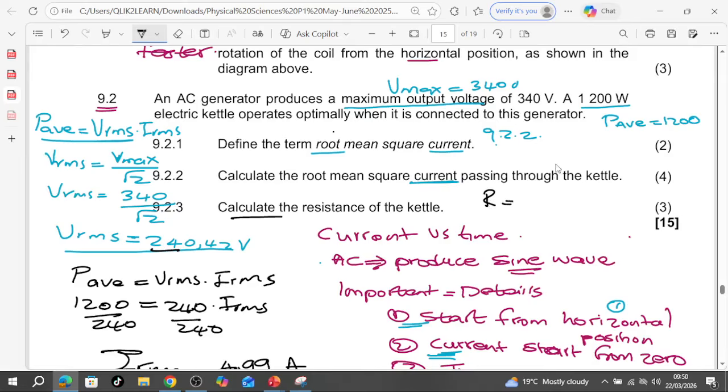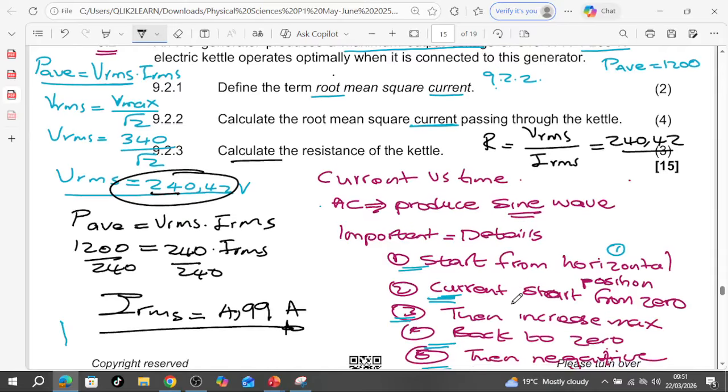So R is equal to VRMS over IRMS. VRMS, we just calculated to be 240.42. This is what we calculated. So this will be 240.42 divided by our IRMS, which is the one that we calculated, 4.99.